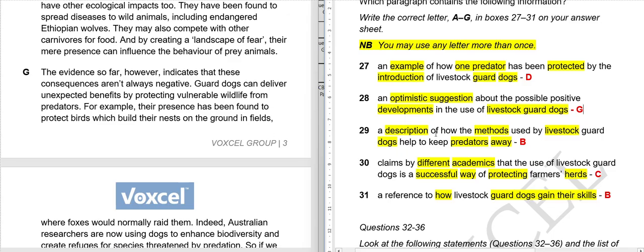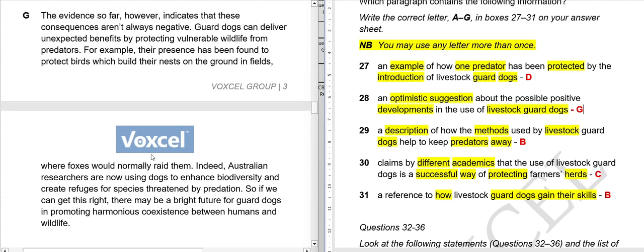For example, possible positives: their presence has been found to protect birds which build nests on the ground in fields where foxes would normally raid them. Indeed, Australian researchers are now using dogs to enhance biodiversity and create refuges for species threatened by predation.